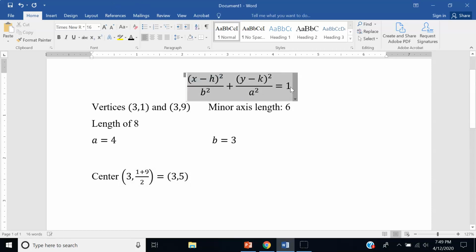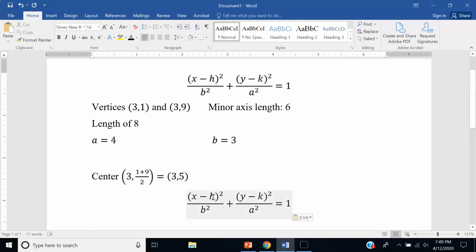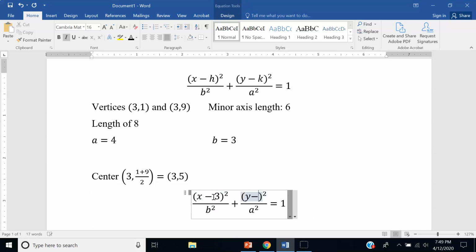So we take this standard equation, center at 3, 5. The length of the major axis is 4, so we're going to go 4 squared. Sometimes I like to just put 16, that's a little bit easier.